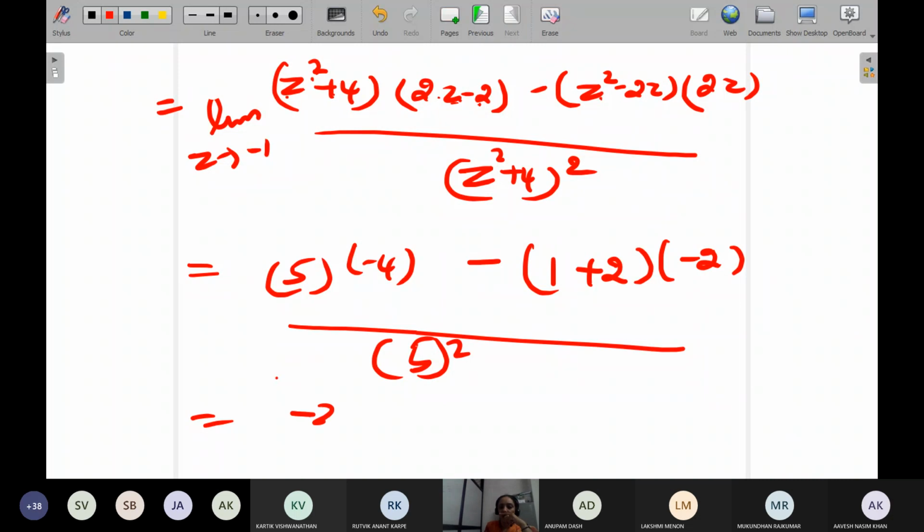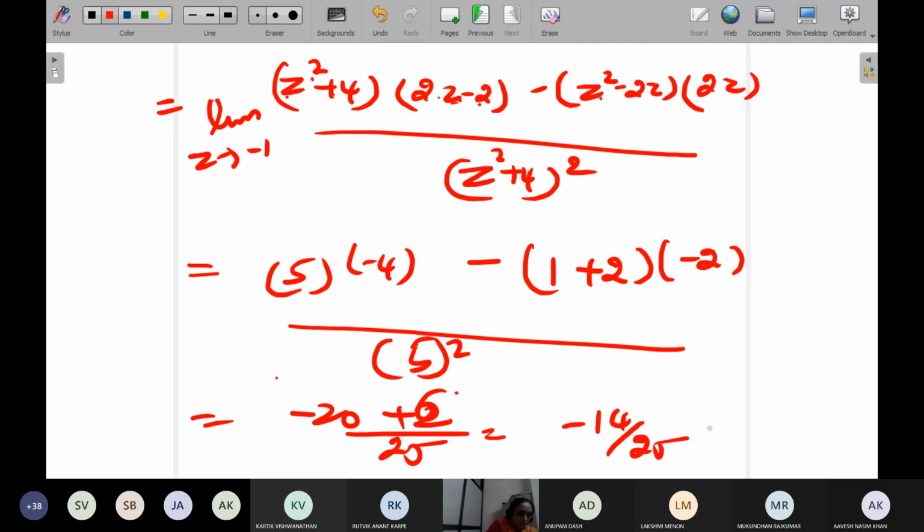Simplify this: minus 20 plus 6 divided by 25, so minus 14 by 25. So the value of the residue at z equal to minus 1 is minus 14 by 25.